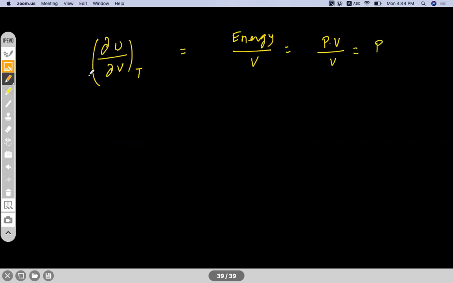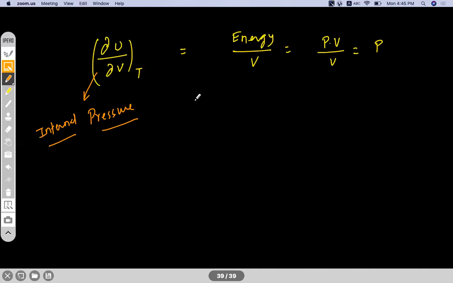So dou U by dou V, this term is the pressure, or for gases it is the internal pressure actually. Just for your understanding. So dou U by dou V into dV is the internal pressure.